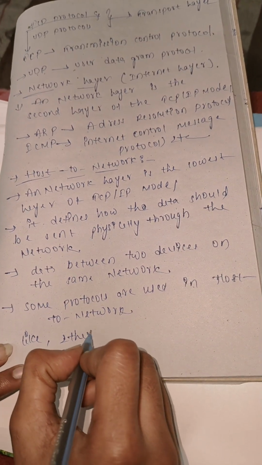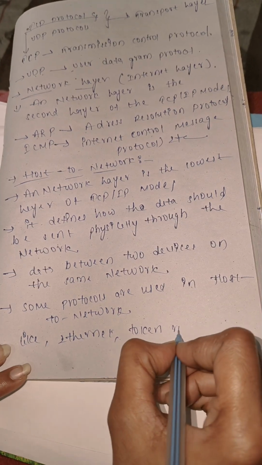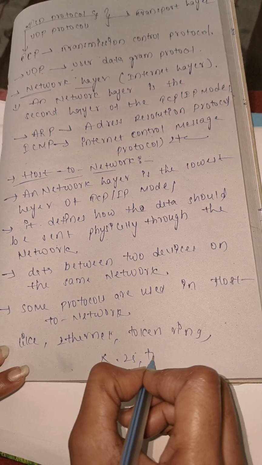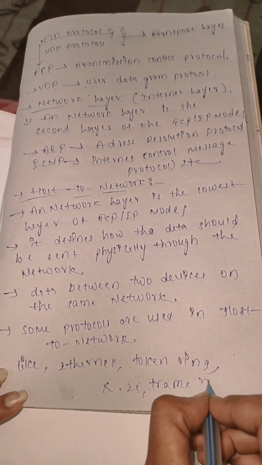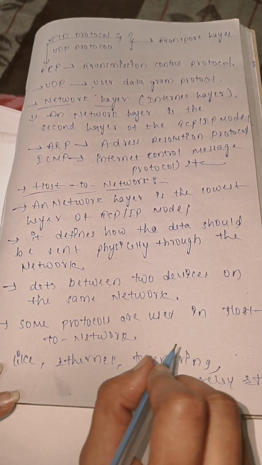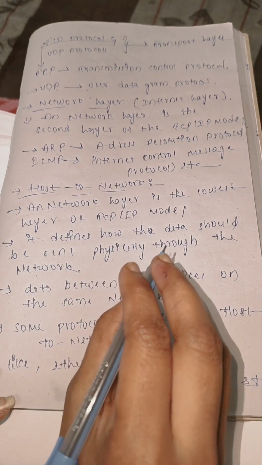Ethernet, token ring, and X25 frame relay, etc. Now I will show the some protocols are used in TCP or IP reference model in 4 layers.